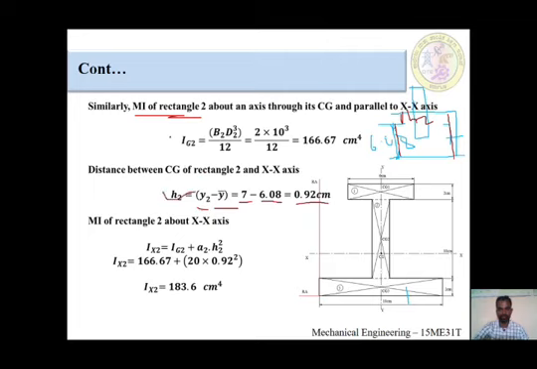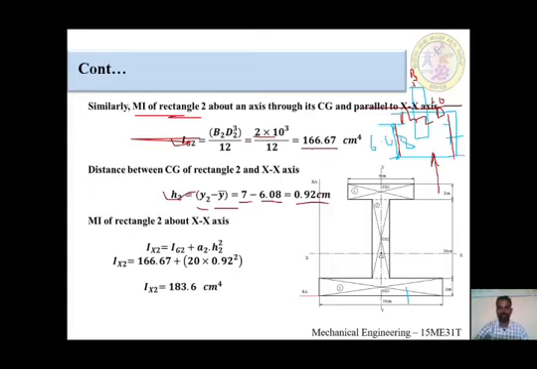And next, we will calculate Ig2. How to calculate Ig2? This is the x-axis, right? We are going to see from this side. First, we will see this part, second, this part. How much centimeter? This would be 2 centimeter and this is 10 centimeter. So 2 centimeter into 10 centimeter cube divided by 12. This part is Ig2.